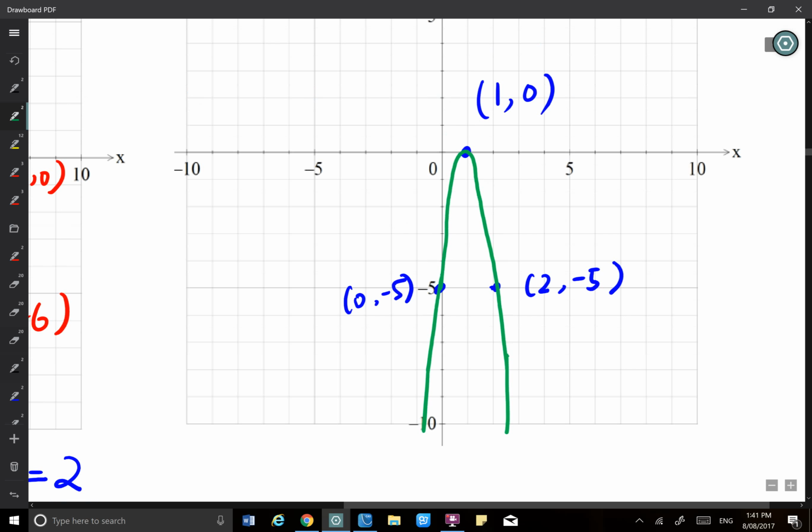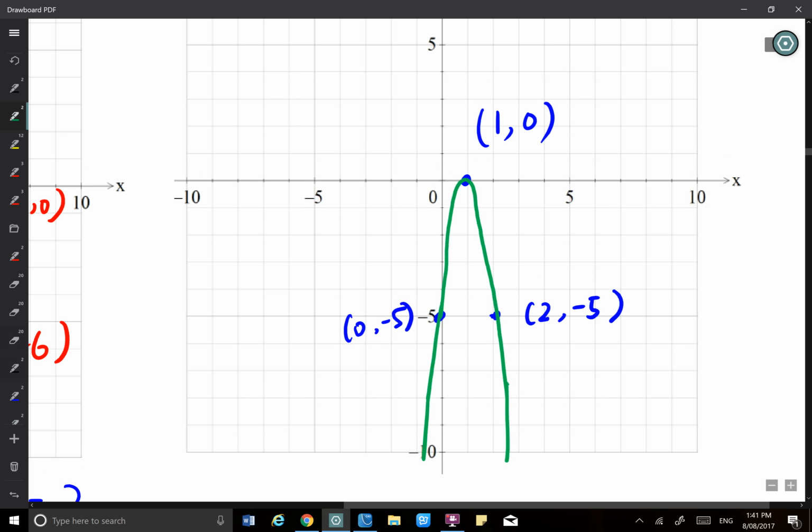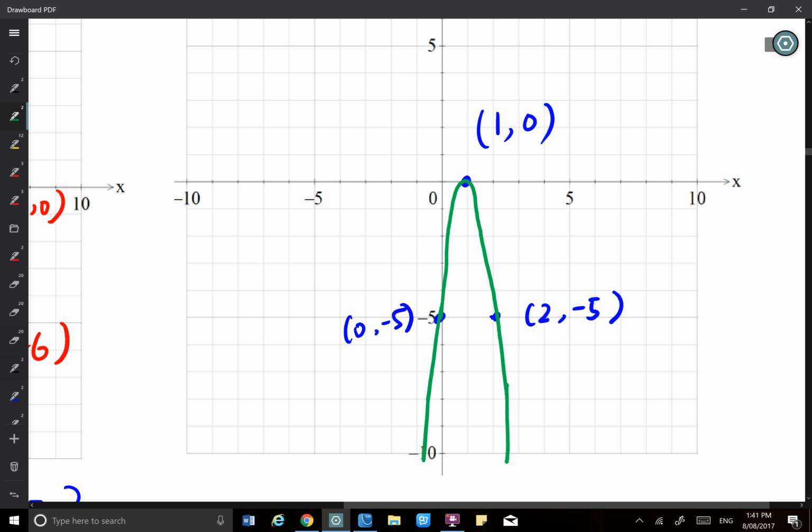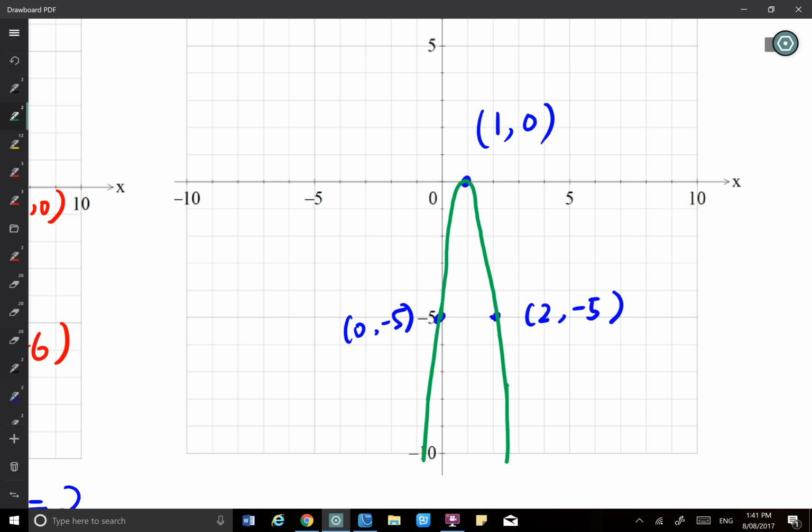The turning point is also the x-intercept, and I know the y-intercept. I can find another point which is symmetrical about the line. By 3 points, I can sketch the graph.